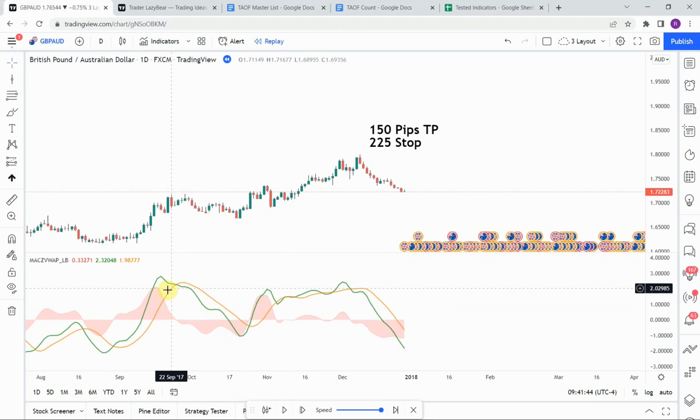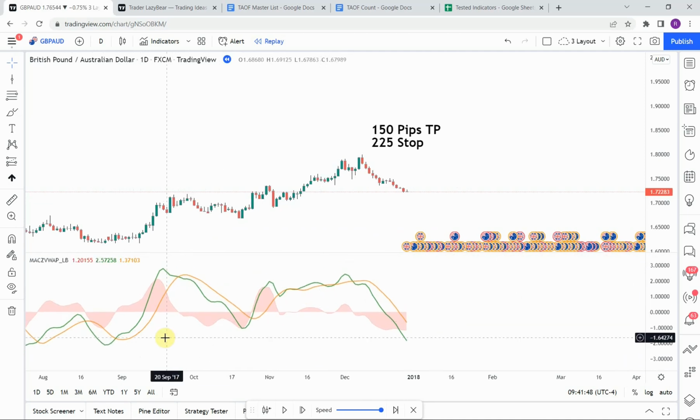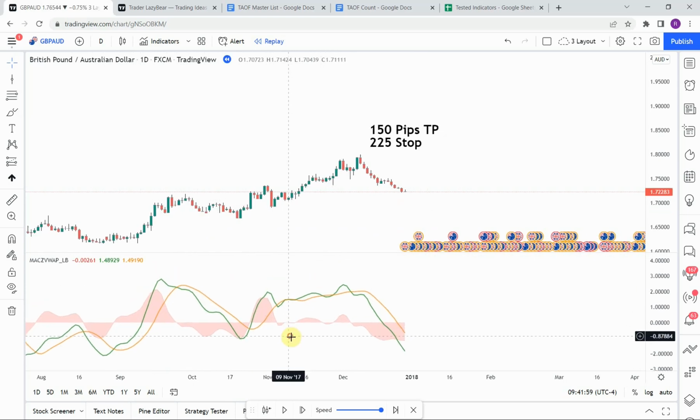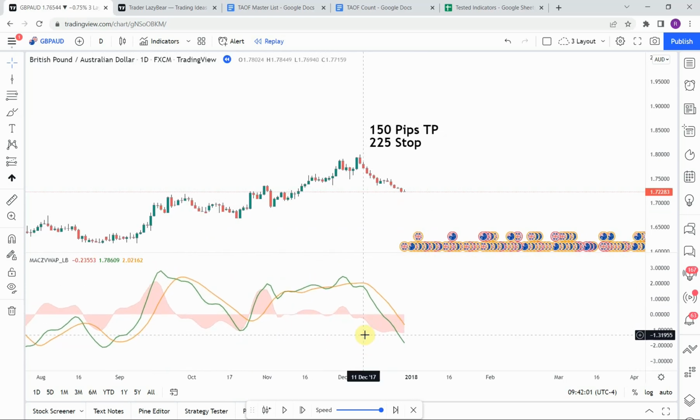And I've heard other people say that you just take every single cross in the direction. So a green line cross to the downside would be a short, a green line cross to the upside would be a long, and it doesn't matter where the lines are according to the zero. And so like I said, there's a few different ways we could test this.